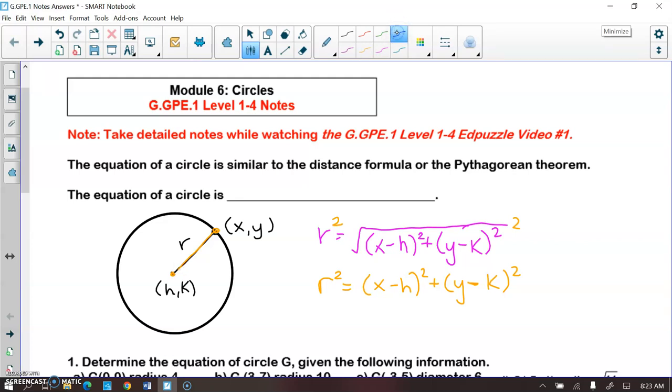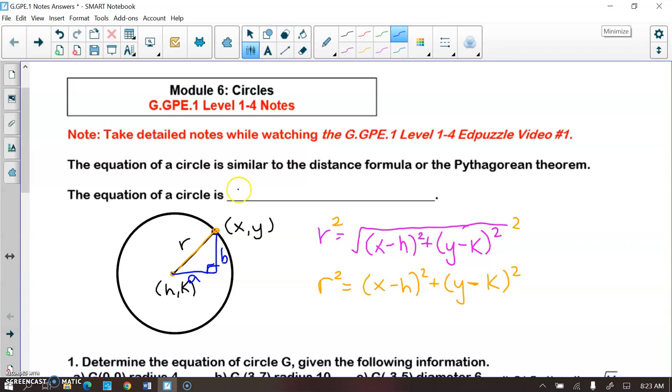And then the distance formula is also related to the Pythagorean theorem, because you can also create a right triangle here. And you can also do a squared plus b squared equals c squared, or in this case r squared, to help you find the equation of your circle formula as well. So the equation of a circle is directly related to the distance formula or the Pythagorean theorem.